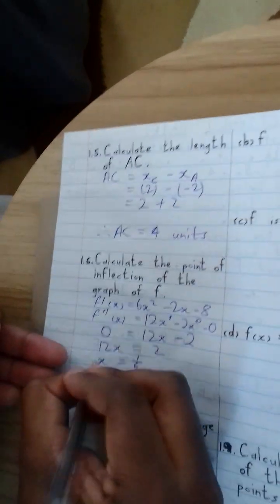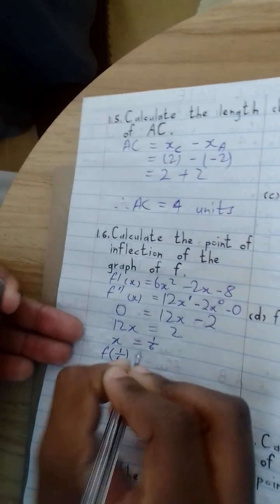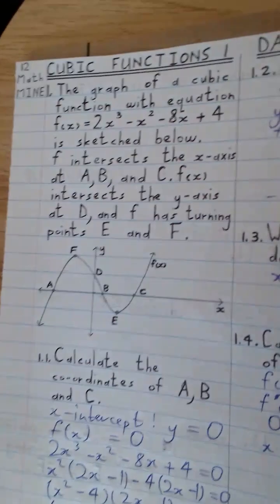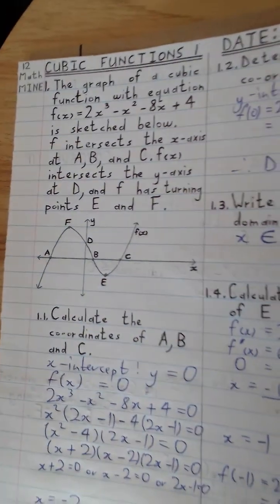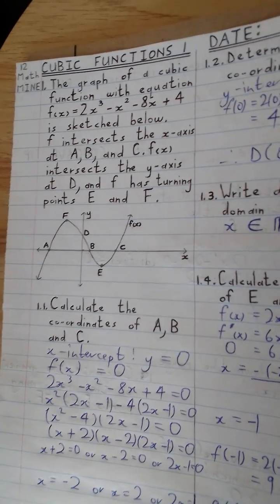And then we calculate f of 1 over 6. What is x? We put 1 over 6, cubed.